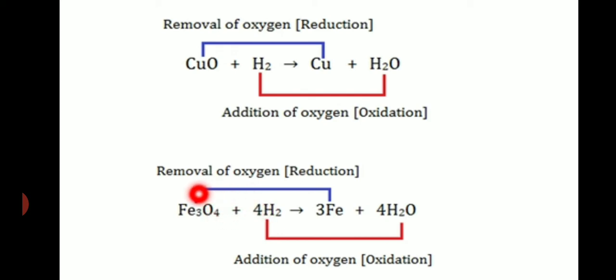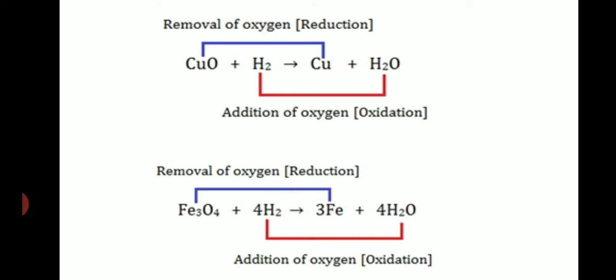is Fe3O4. When it comes to the product side, Fe alone, that means oxygen is removed. What is removal of oxygen? Reduction. In the second part, hydrogen. Hydrogen is changing into water, same as we see above. So there is an addition of oxygen to hydrogen.